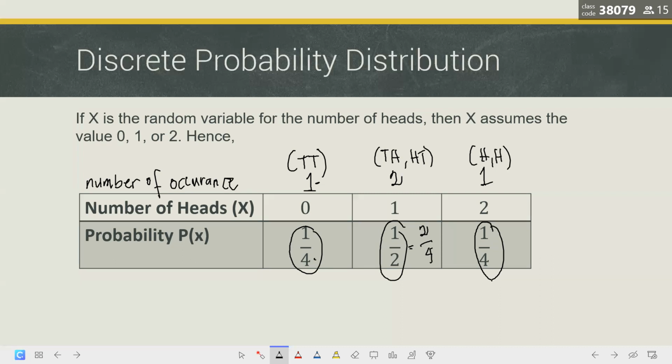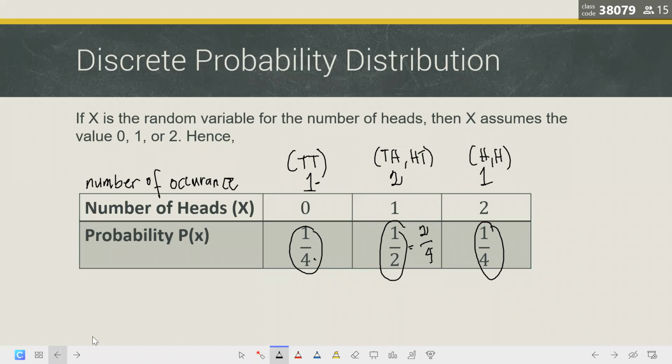Nakuha ako, class? May question? Yes po. Saan po ulit sir nakuha yung 4 sa denominator? Hindi ko po kasi narinig kanina.